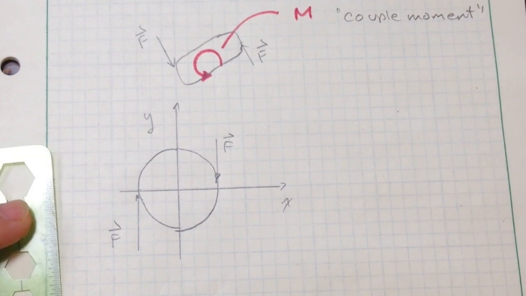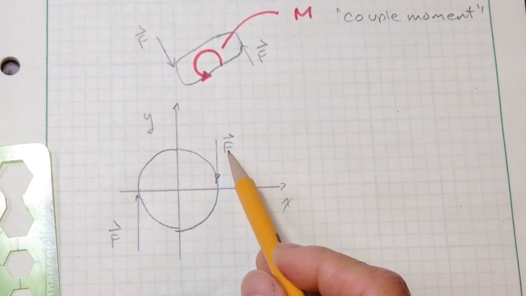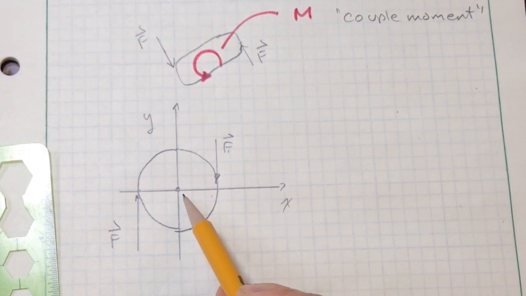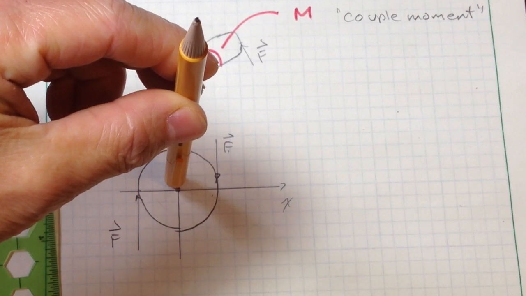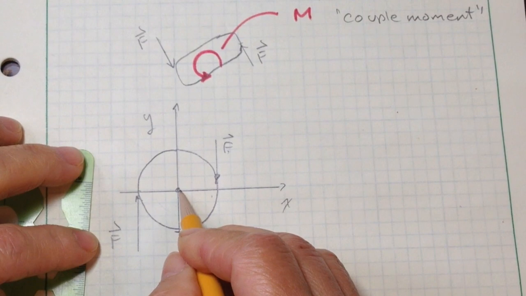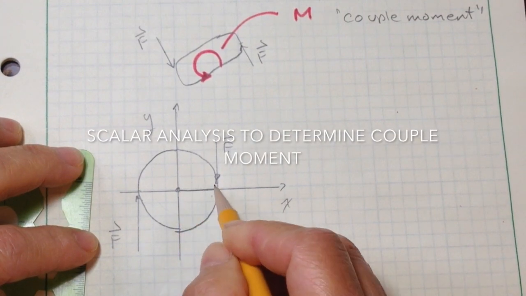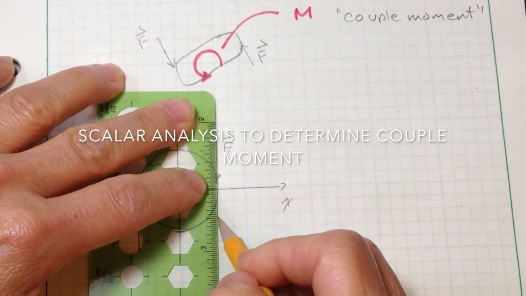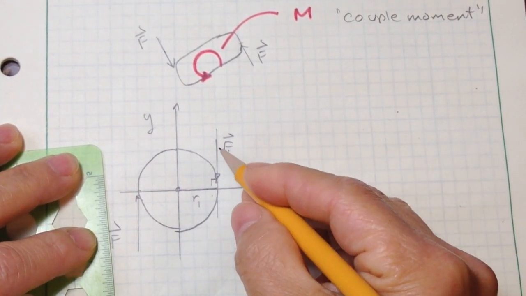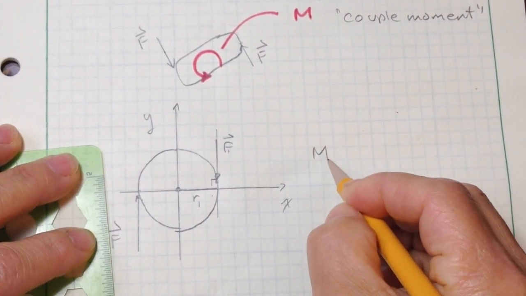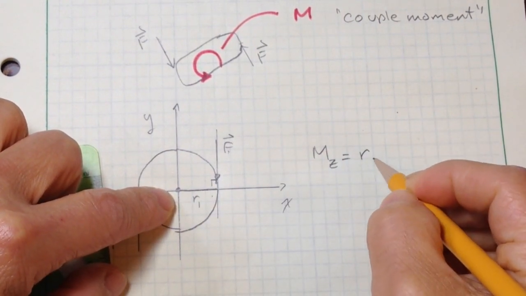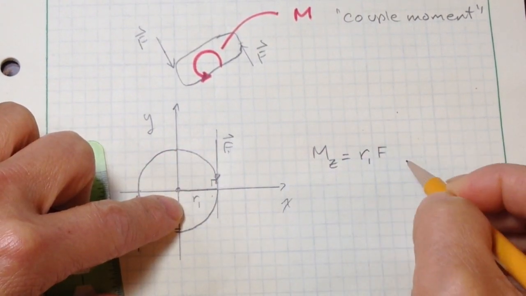I can calculate the moment that this force causes this wheel to rotate about point O, or the z-axis that's coming up towards you. Using a scalar analysis, that would be this perpendicular distance, or the moment arm, times the magnitude of that force. So the moment about the z-axis would be this perpendicular distance times the magnitude of that force.